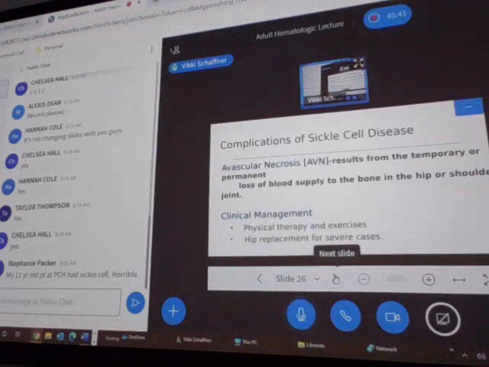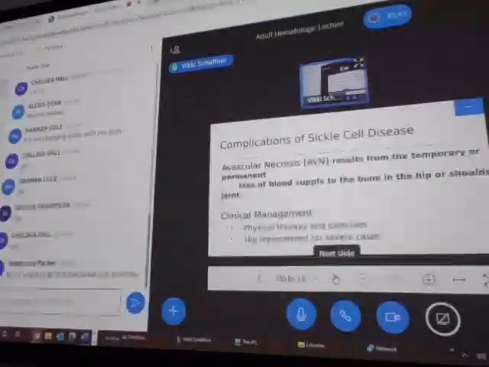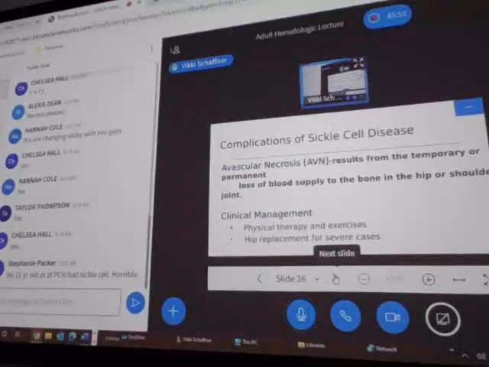You can see clearly that avascular necrosis will result from temporary or permanent loss of blood supply to the bone or the hip or the shoulder joints, because that's where your vessels are so small, and that's where it's going to clot up first. The clinical management of that is physical therapy and exercises, and in severe cases, they're going to do a hip replacement.